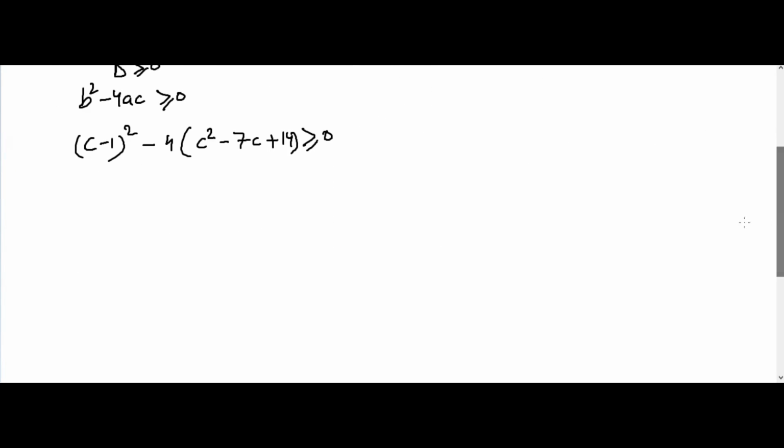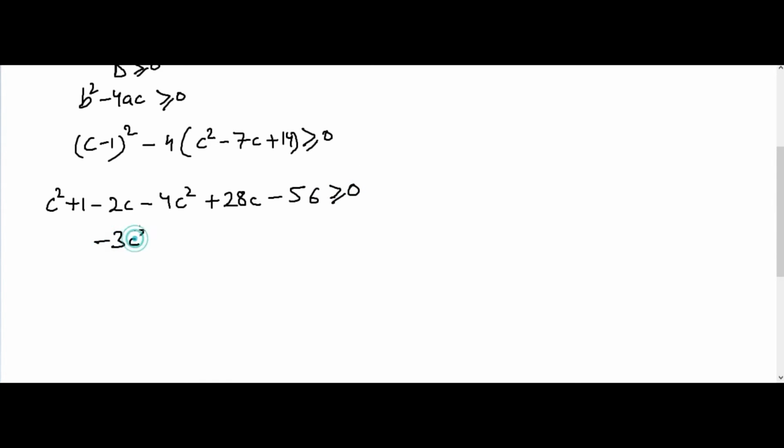Simplify it, open the brackets. It will become c square plus 1 minus 2c, and it will become minus 4c square plus 28c minus 56, greater than or equal to 0. Okay, fine. Now just simplify it further.